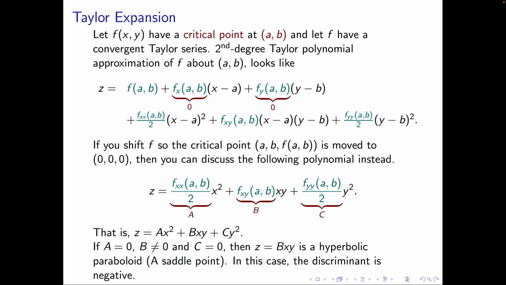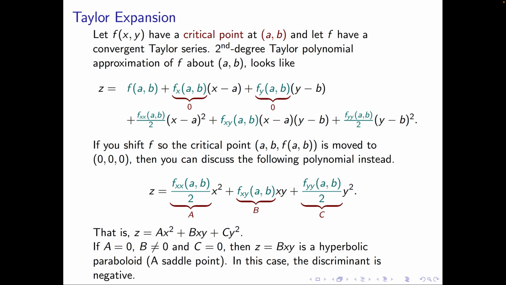Let's say A is 0, B is not 0, and C is 0. Then z is going to be equal to b times x times y, which is going to be a hyperbolic paraboloid. We're going to show you this at the end. In this case, the discriminant is going to be negative. If you go back and find the discriminant, it would be negative, and it matches the test.